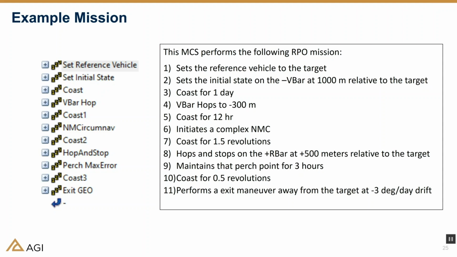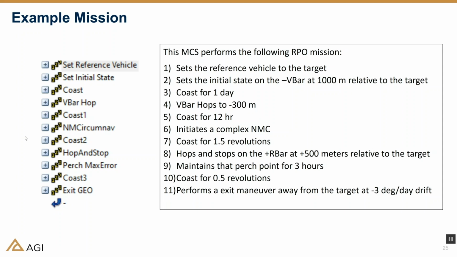First step sets a reference vehicle to the target. Who is the reference for this phase coming up? So in other words, I'm going to set my initial state, but it's relative to whoever I told it in step 1. So step 2 says, I'm going to sit on the V-bar relative to a target satellite, and I would have told it in step 1 who is the target satellite.